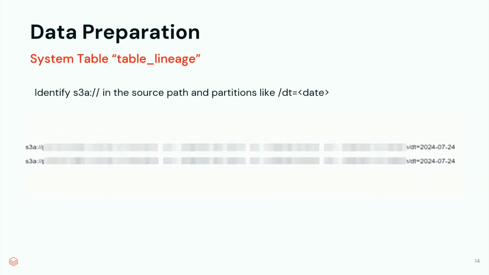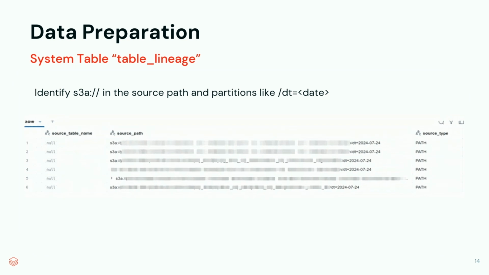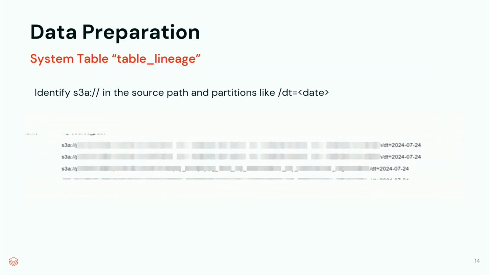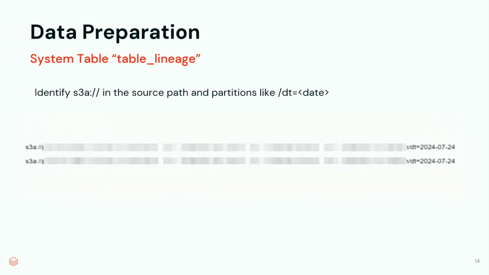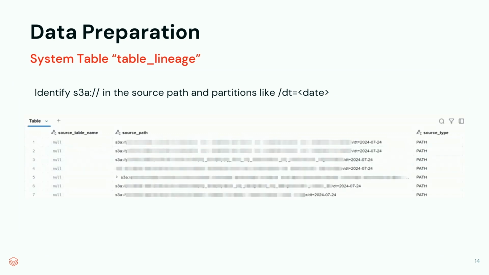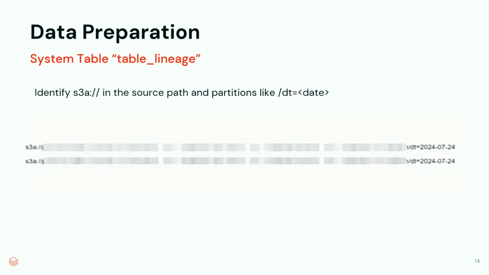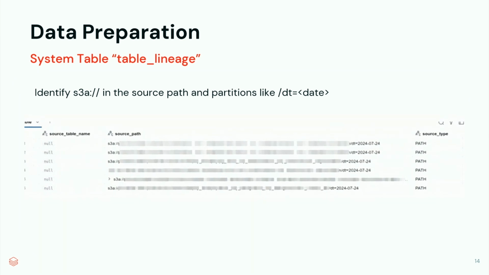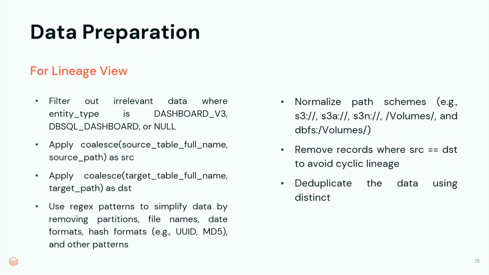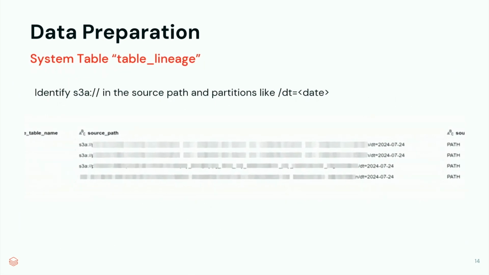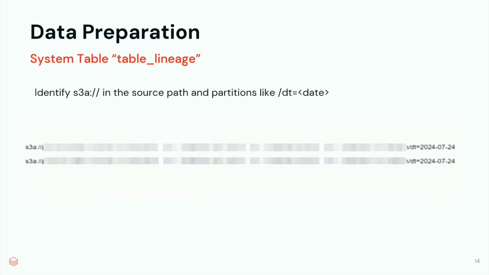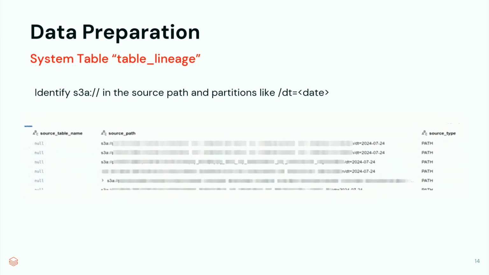For example, the prefix of S3A, S3N, etc. And also some information that is not useful for us, for example, partitions and etc. So as you can see in here, we have S3 prefixes and partitions with timestamp information that are not useful for us.